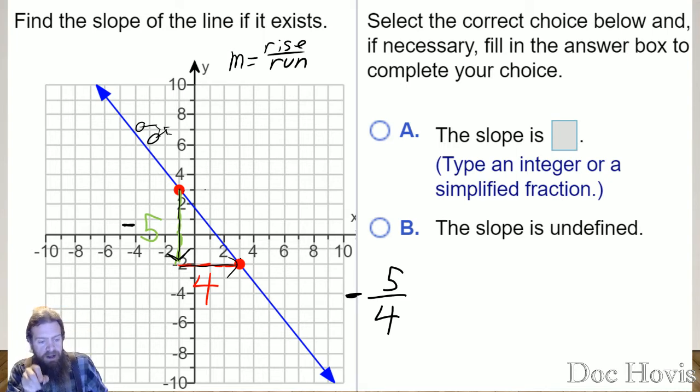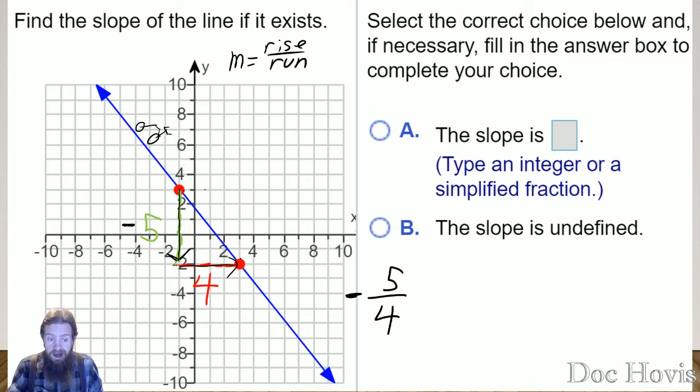If I was on a bicycle, don't make fun of my bicycle, it would be going downhill, right? It's going downhill. So that is a negative slope. That's not a positive slope.